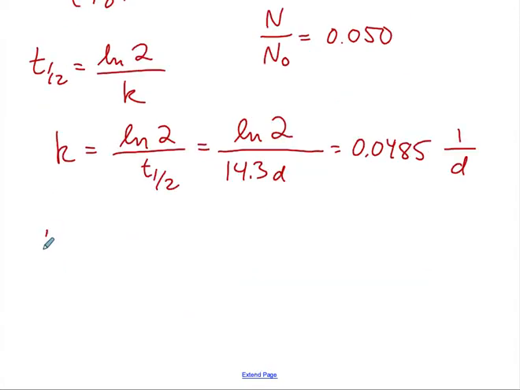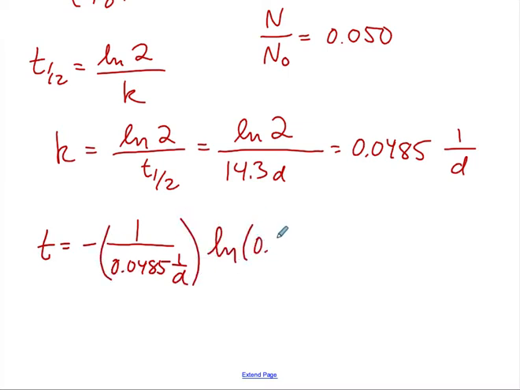And that gives me the time equals negative 1 over 0.0485 reciprocal days times the natural log of 0.050, or for 95% of the phosphorus-32 to decay, we'll take 61.8 days.